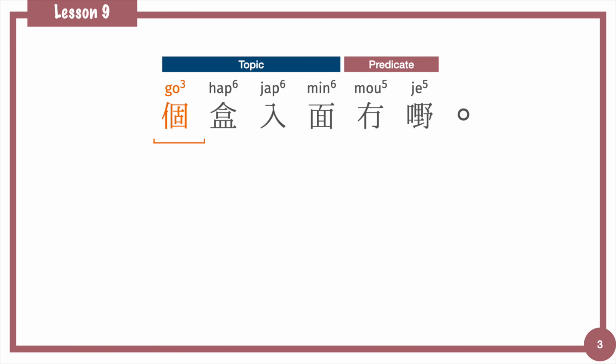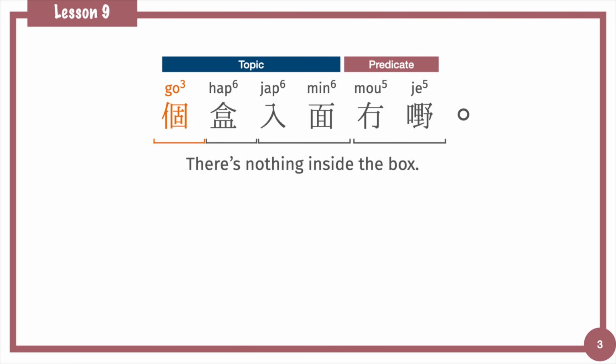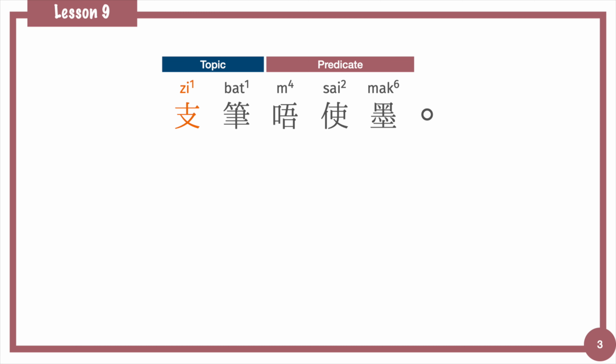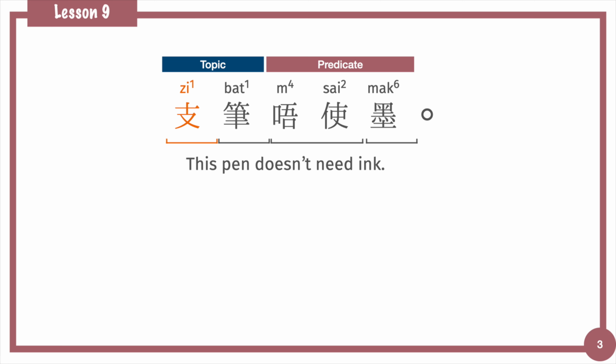The measure word 個 acting as the demonstrative pronoun. 盒 box, 入面 inside, 嘢 is thing and 冇嘢 is nothing. 個盒入面冇嘢. There's nothing inside the box. And 支筆唔使墨. 支筆 this pen, 唔使 no need, 墨 ink. 支筆唔使墨 this pen doesn't need ink.